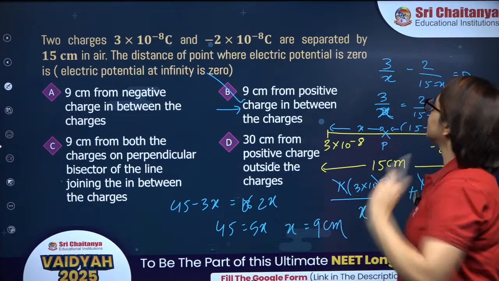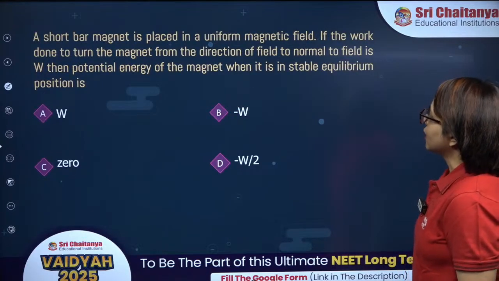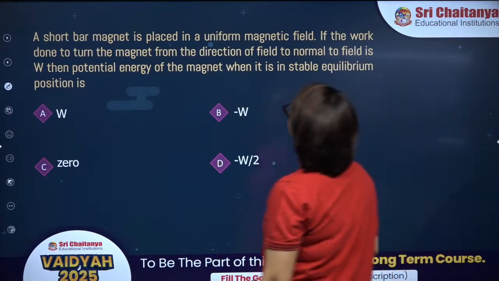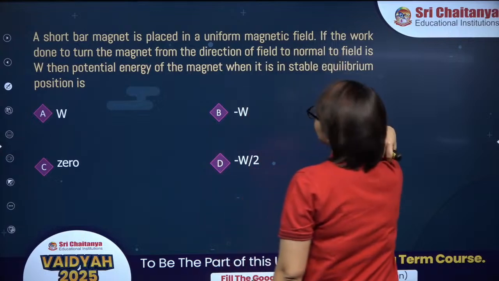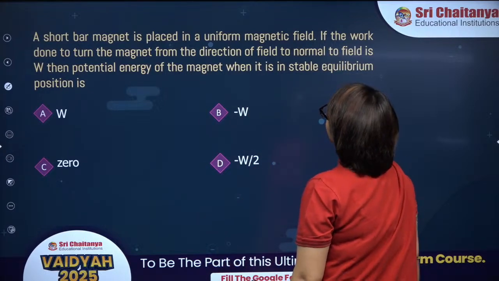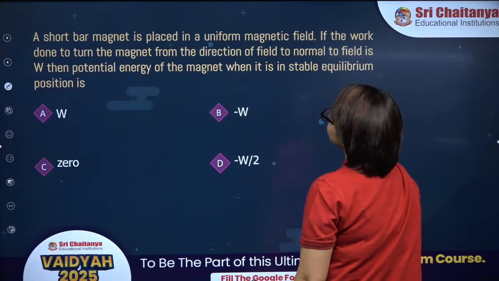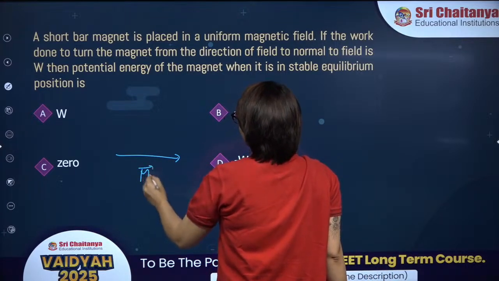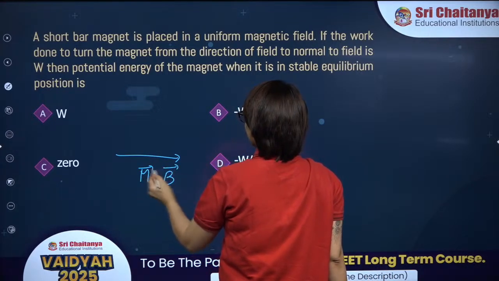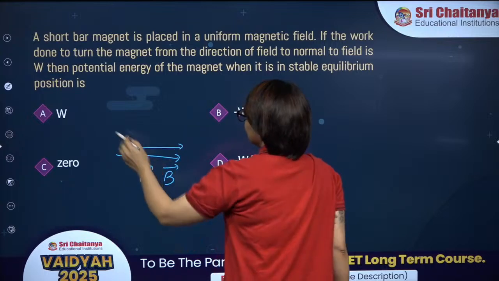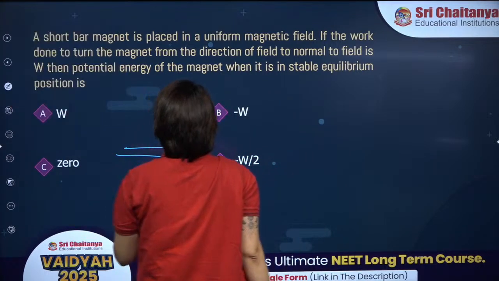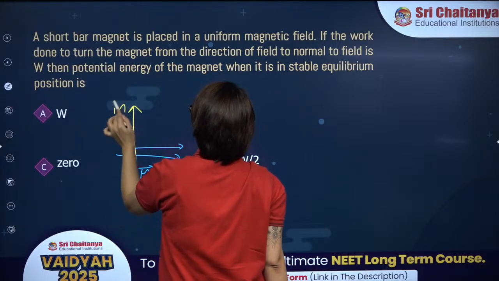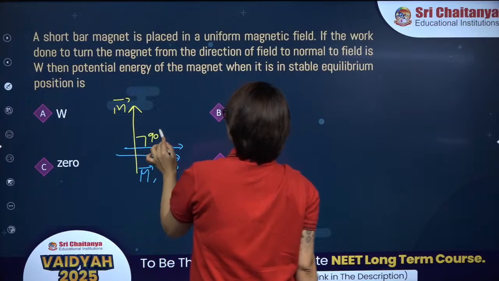Next is this one. A short bar magnet is placed in a uniform magnetic field. If the work done to turn the magnet from the direction of field to the normal to the field is W. Initially, the magnetic dipole moment and the magnetic field are parallel. Now we are turning this bar magnet such that its magnetic dipole moment is perpendicular to the field.